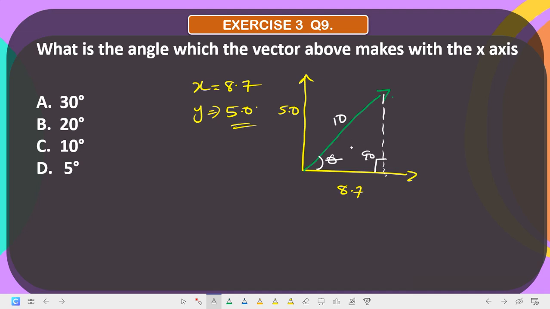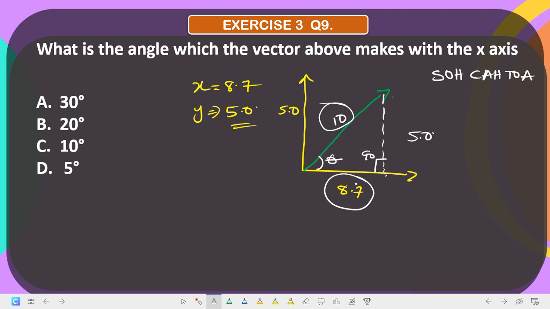Which of the rules are we going to use? Which of them do you think is more applicable here? Now, you are looking for theta. You have this, you have this, and of course you also have 5.0. You should always make use of the hypotenuse.